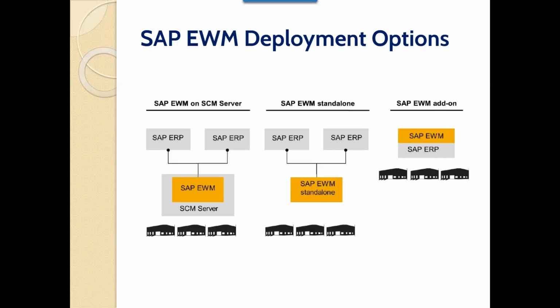They have a separate warehouse control system, and outbound is very well handled in that. But for inbound, they don't have good processes in that WCS system. So that's the reason they implemented EWM only for their inbound. The outbound will happen in their own WCS system.